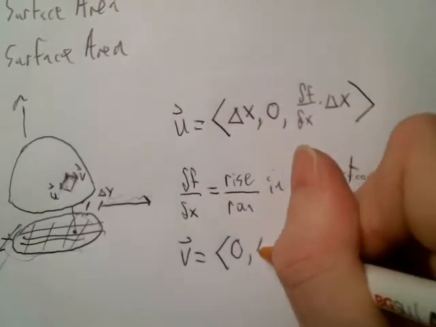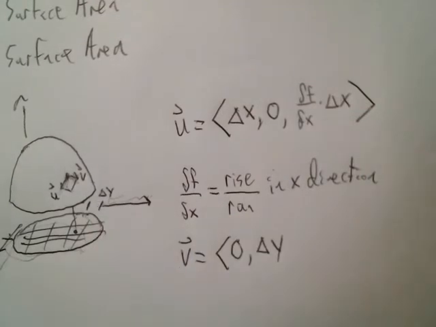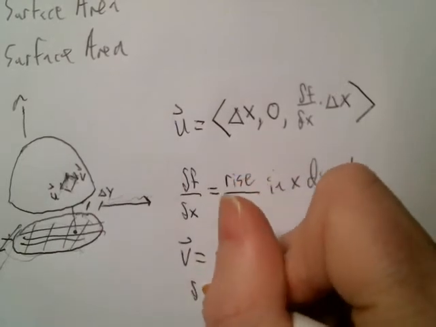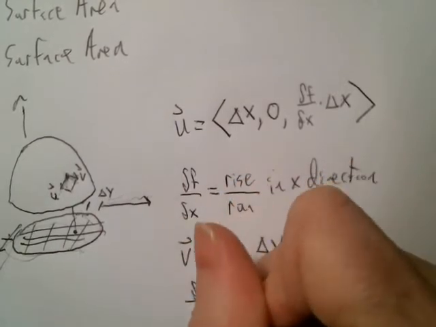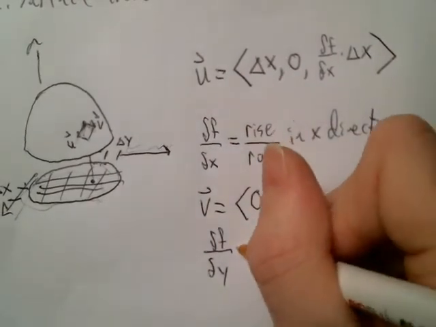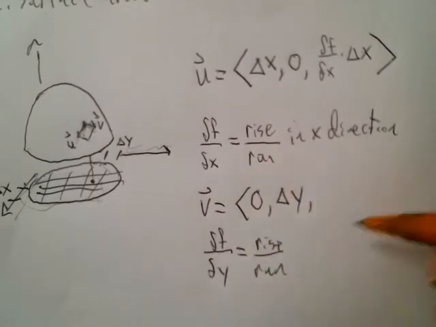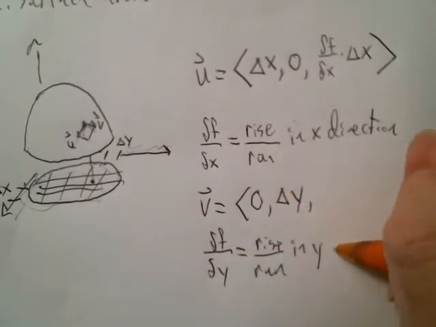We want to go change in y in the y direction. And then in the z direction, again, we want that slope in the y direction and use that, right? So again, this is rise over run in the y direction.